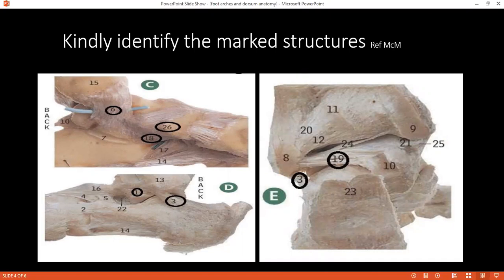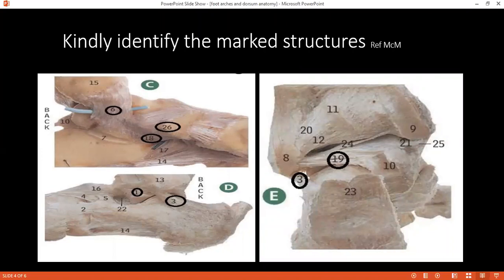Meaning that if we dorsiflex the foot. In plantar flexion, the posterior part of the talus is in the socket, and it is narrow and less stable. So first and simple answer is in dorsiflexion, and then if the examiner asks you why, then you explain all this.